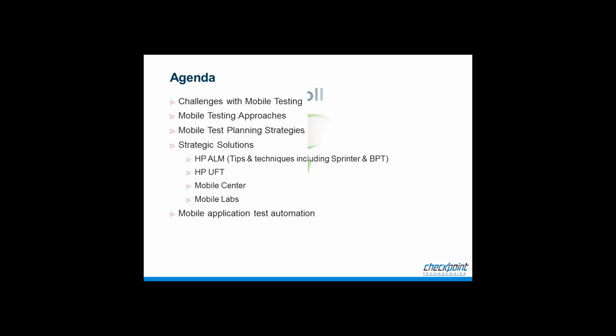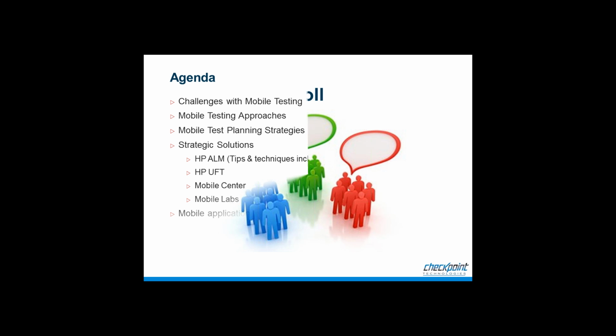And then we're going to turn it over to Dean, where he will zero in on some strategic solutions and the integration and collaboration you can utilize with those solutions, including HP ALM, Application Lifecycle Management, HP UFT, Unified Functional Testing. We'll be talking about HP Mobile Center, as well as the Mobile Labs solutions. And then Dean will be sharing some of his significant expertise on mobile application test automation.